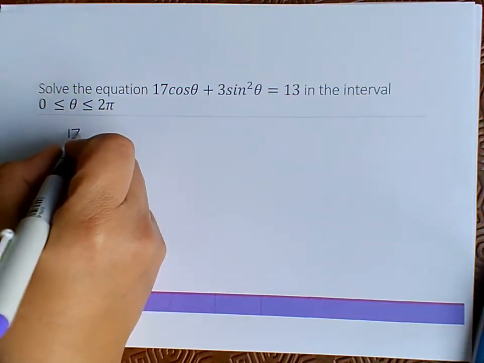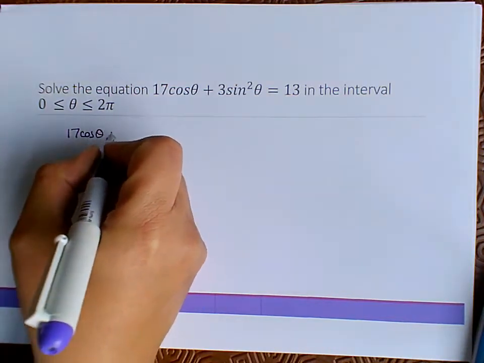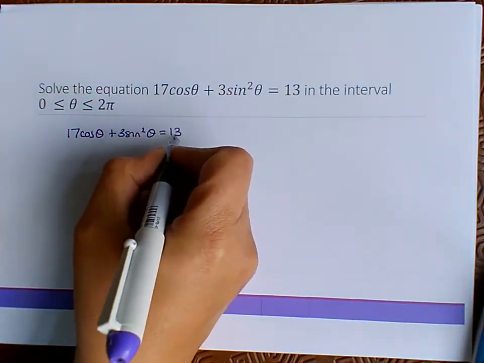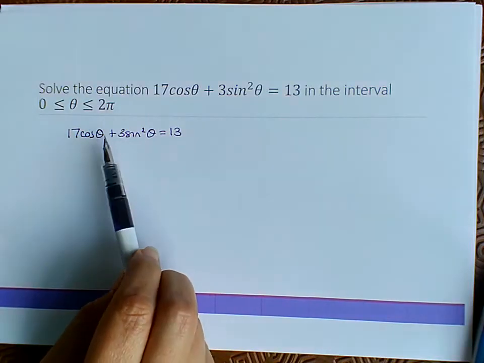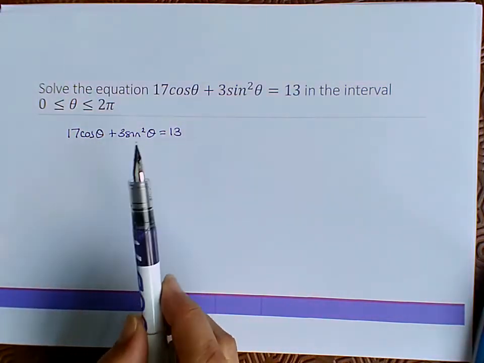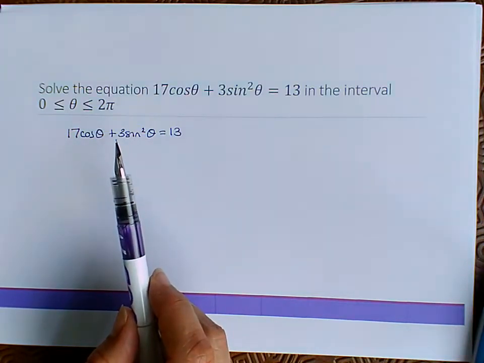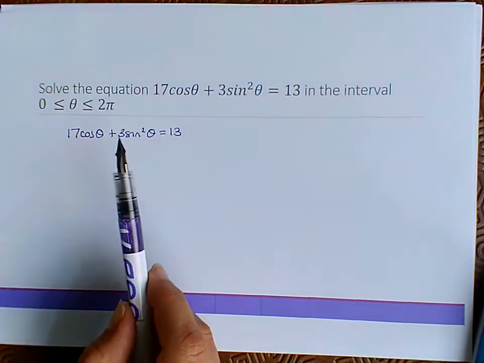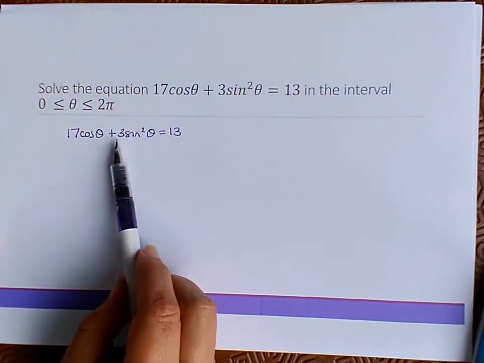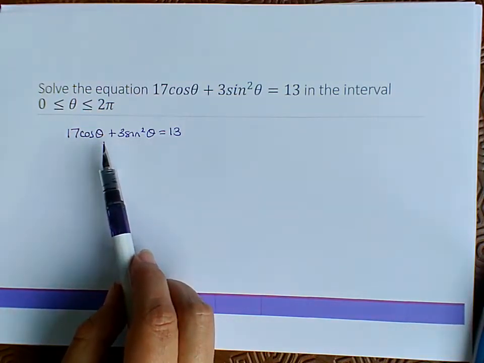So when we're attempting this, the first thing we need to realise is we have cos and we have sine. And when we're solving a trigonometric equation, because this is a quadratic, it's already looking like I'm going to want to factorise it.